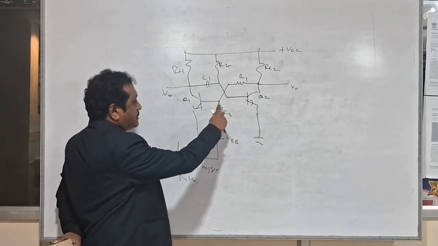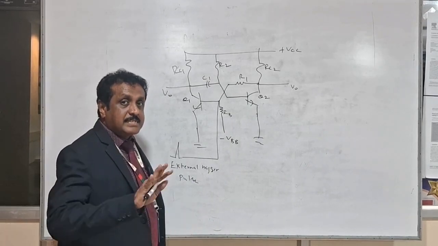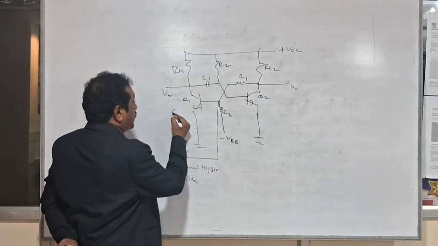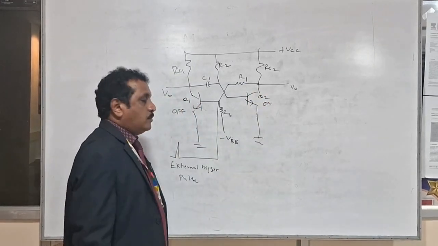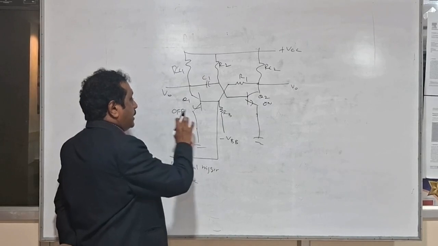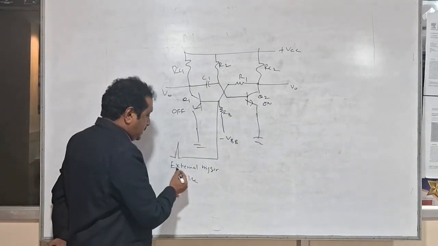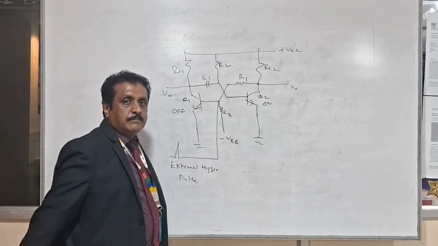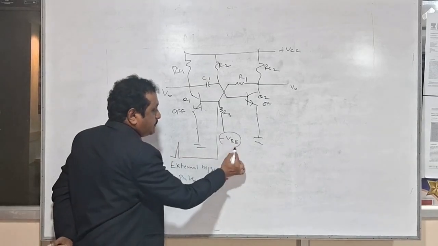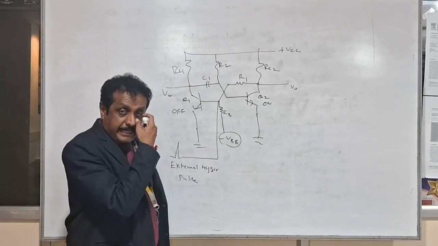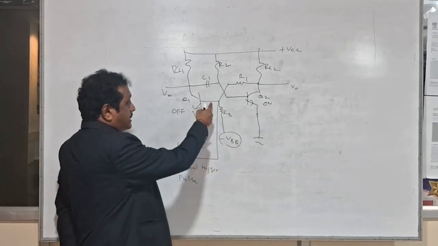Since the base of Q1 is connected to minus VBB, when the supply is given, the initial state of the circuit is Q1 off and Q2 on. Now we are going to make Q1 turn on by applying the external trigger pulse to the base of Q1. This voltage must overcome minus VBB, because that negative supply voltage provides reverse bias to the base-emitter junction.